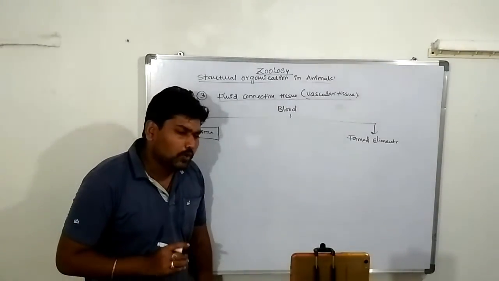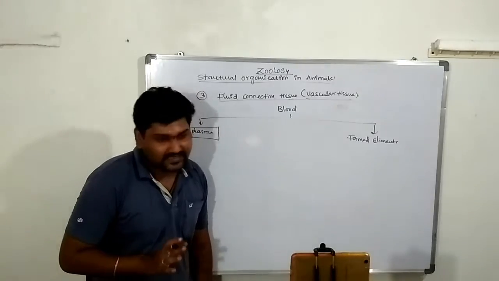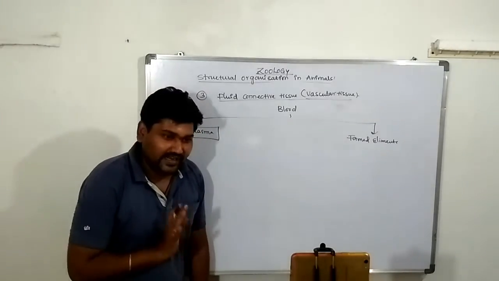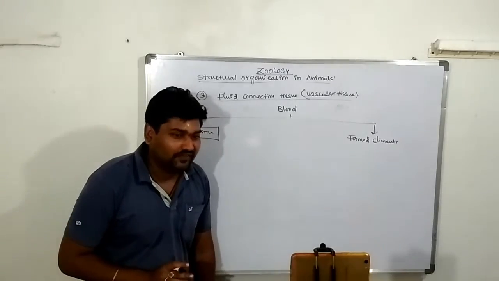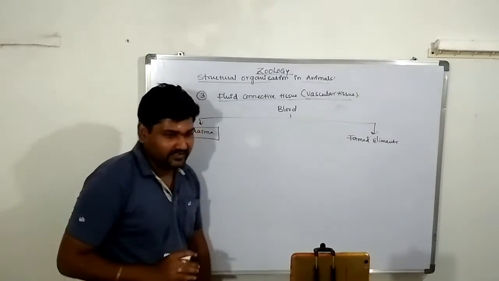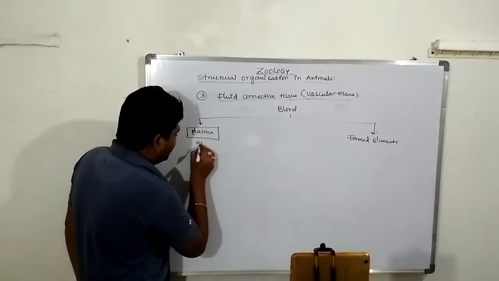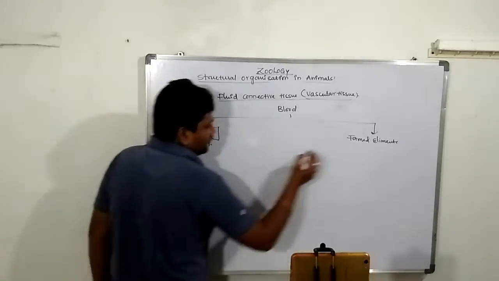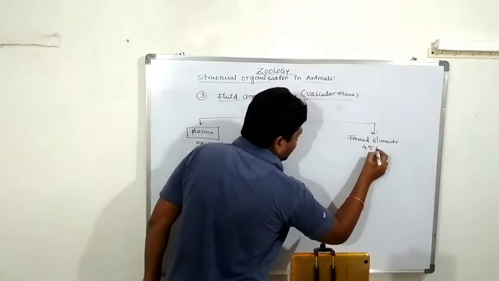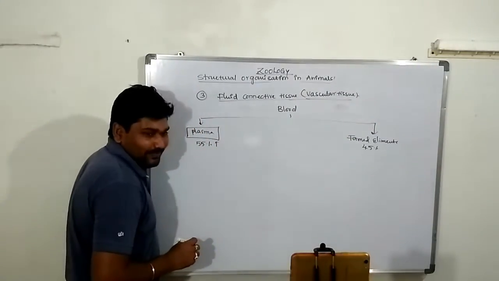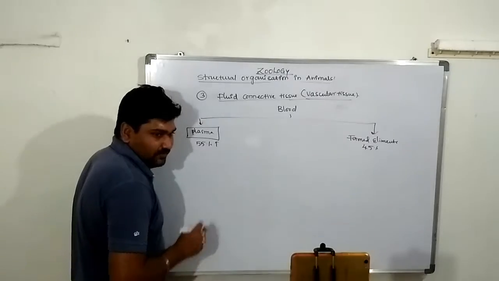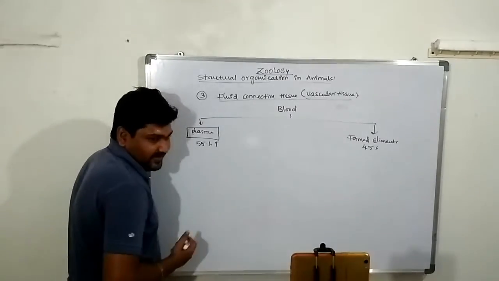It is approximately 55% of the blood, and the formed elements are approximately 45% only. So plasma is very large in our bloodstream compared with the formed elements.